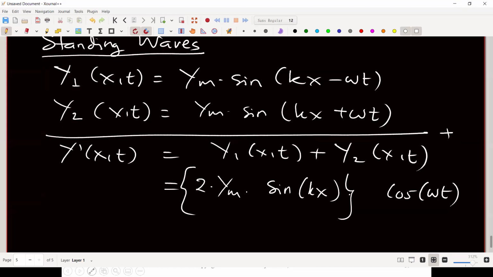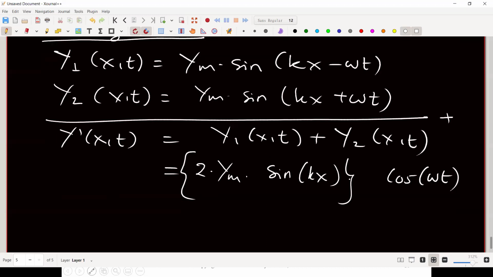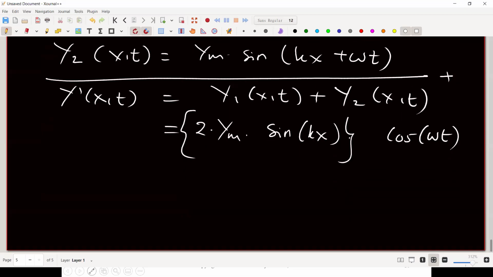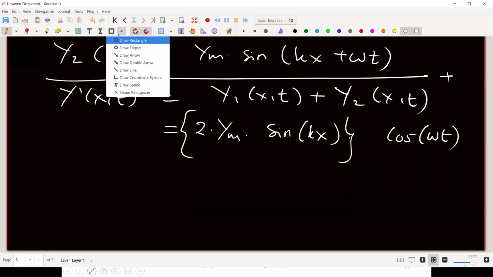Okay, and then we can determine the nodes and antinodes for the standing waves. So imagine nodes and antinodes like this.